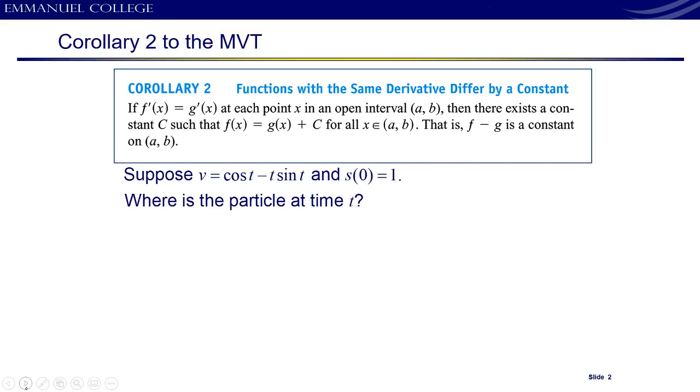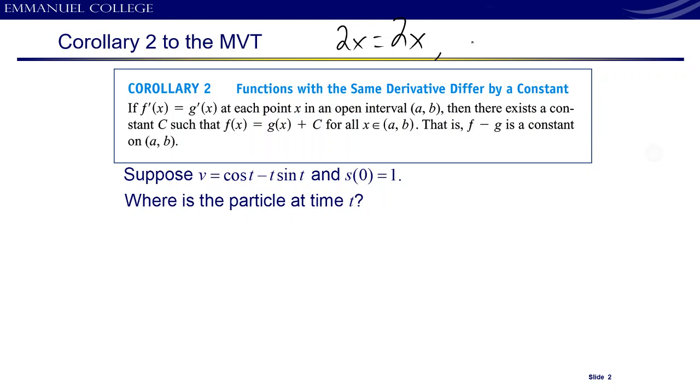But indefinite integrals. So a corollary that we get from the mean value theorem is that functions with the same derivative differ by only a constant. So think about why that would work. If I gave you just 2x is equal to 2x, that's very clear.